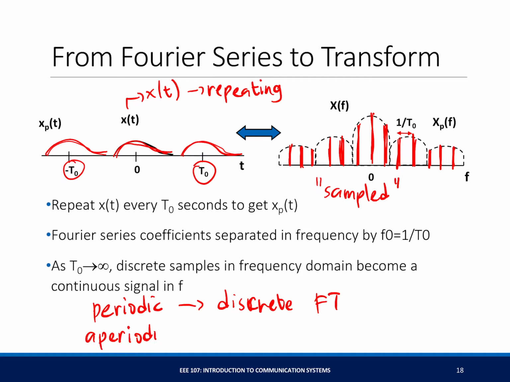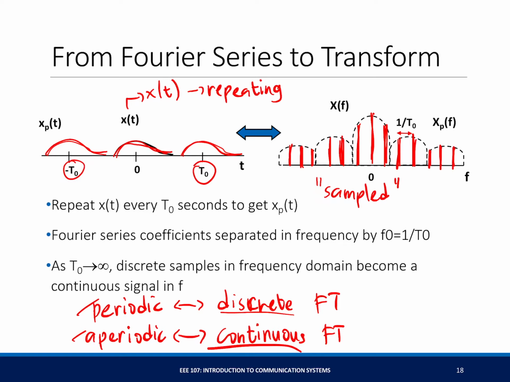Now, if your signal is aperiodic, your Fourier transform will now be continuous. And we'll see actually that the process is also reversible. If you have a discrete signal, then you have a periodic Fourier transform. If you have a continuous signal, you have an aperiodic Fourier transform, or inverse Fourier transform for that matter. This will be demonstrated in the later part of this lecture.